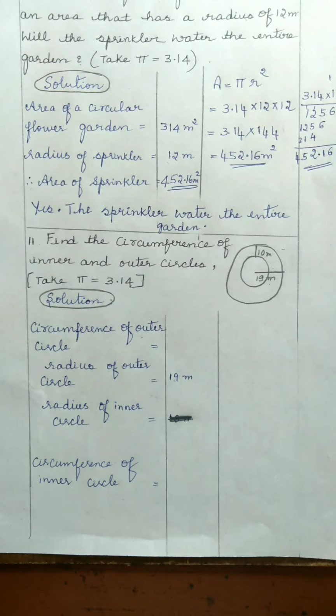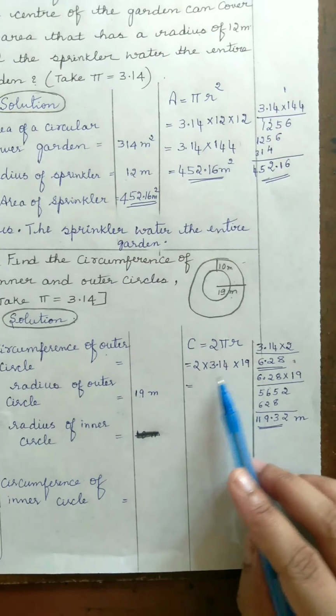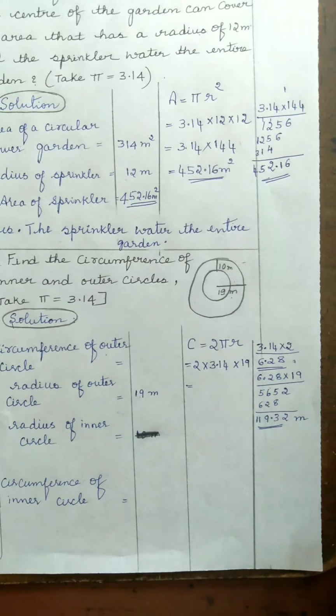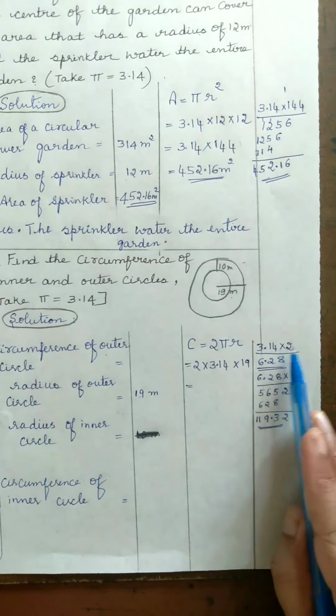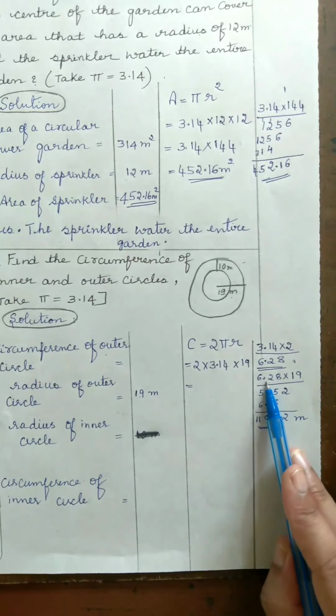Therefore, so children, to calculate the circumference of the outer circle, we have the formula C is equal to 2 pi r. On substituting the values, 2 into 3.14 into 19. So 3.14 into 2 on multiplication, 2 4s are 8, 2 1s are 2, 2 3s are 6. Then 6.28 into 19.